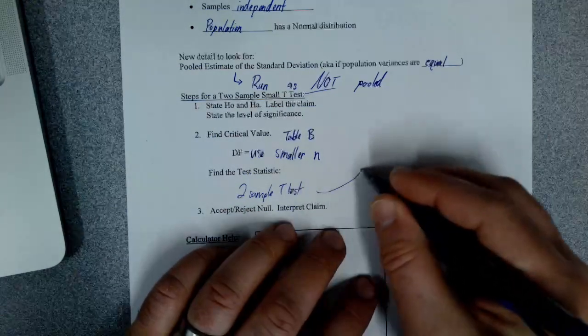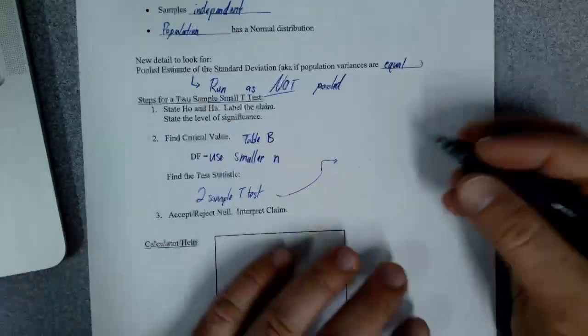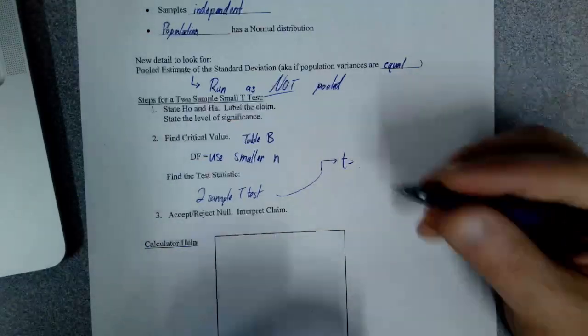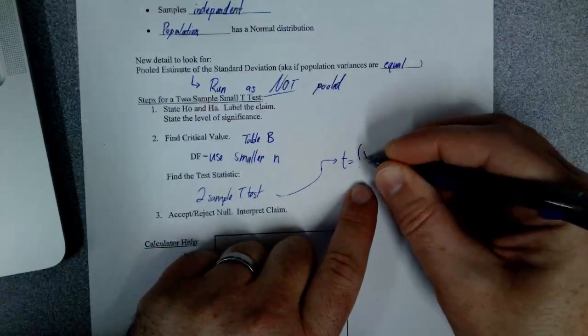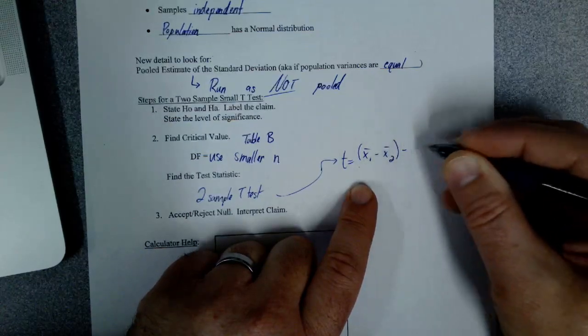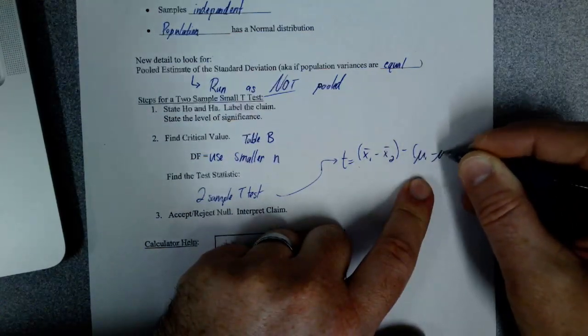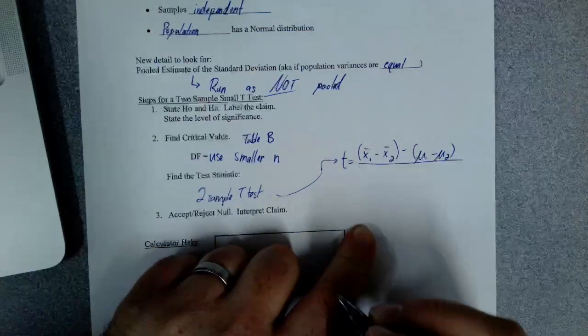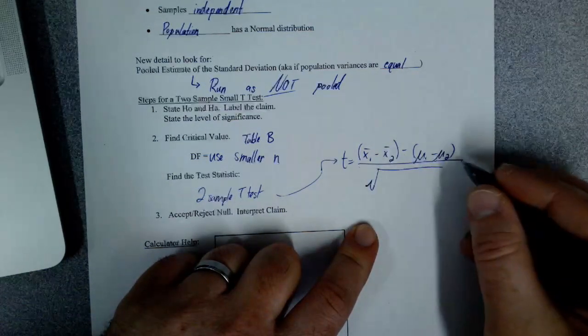Now, the formula for this thing, as promised, is a little bit chaotic. So t equals, because it's a t-test, x bar 1 minus x bar 2 minus mu 1 minus mu 2 over, all of that's the same.